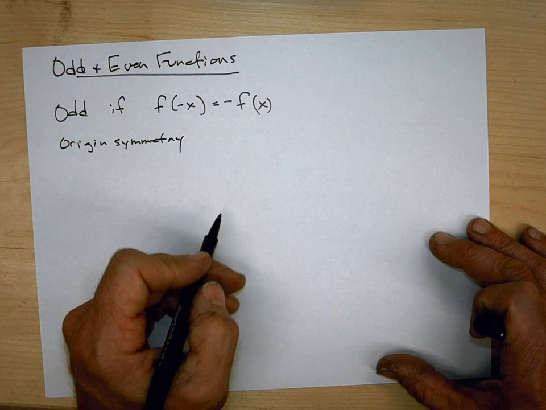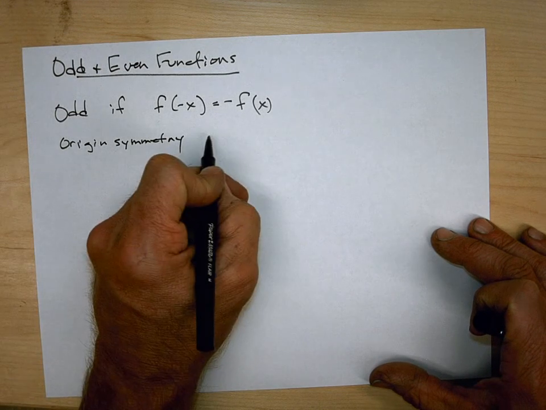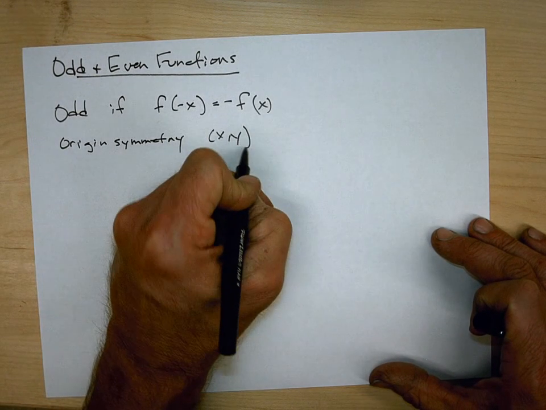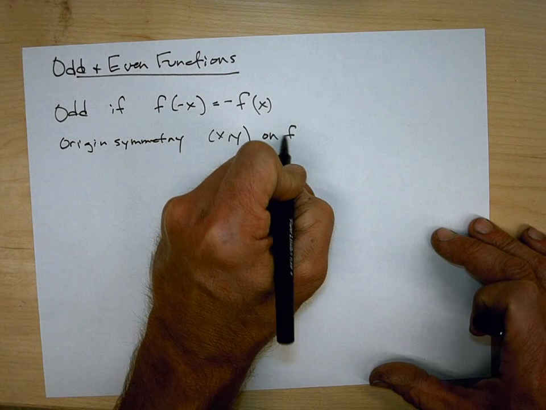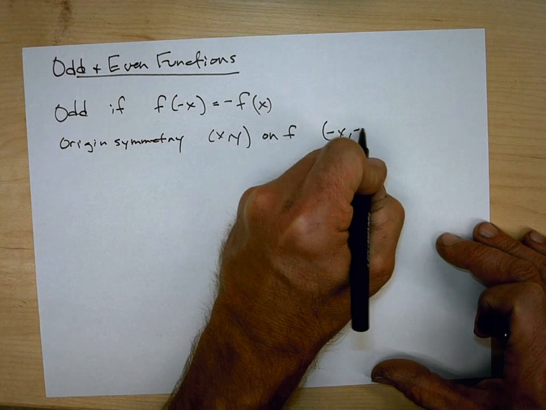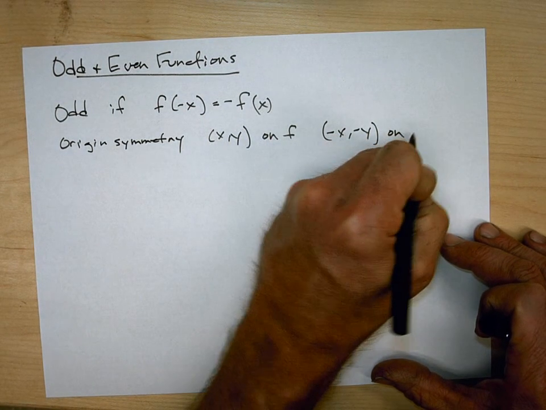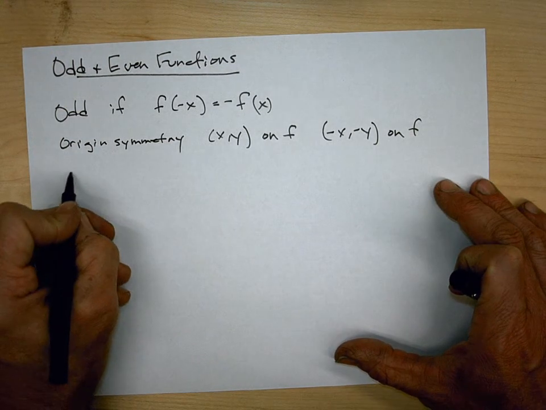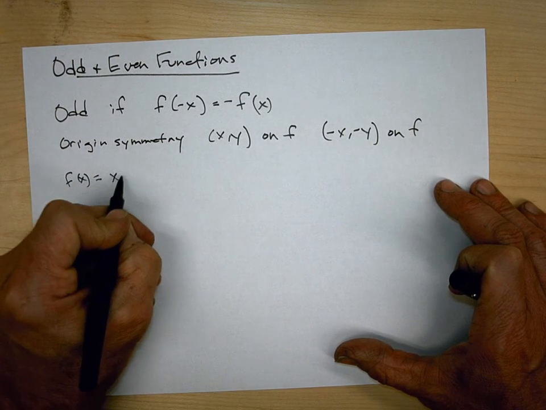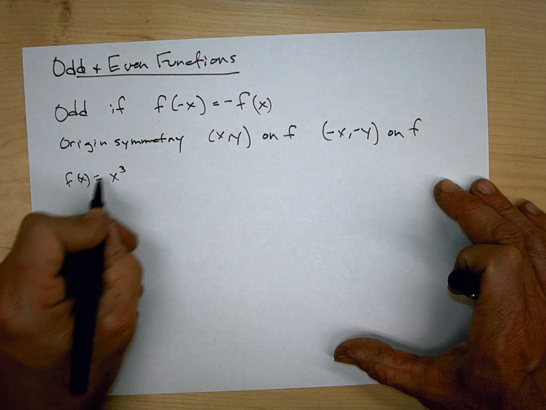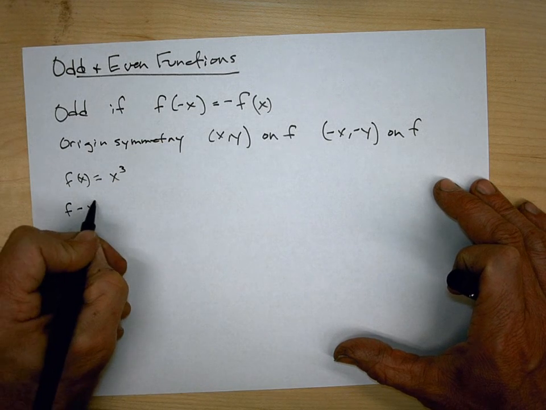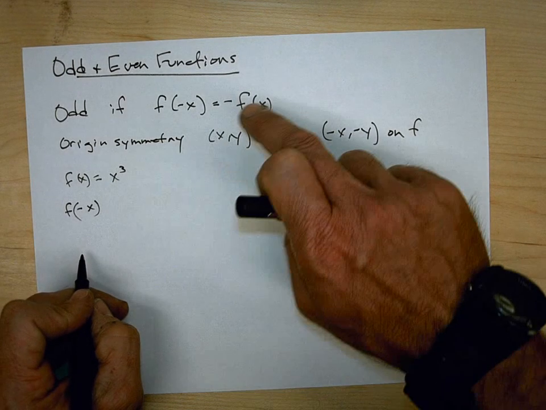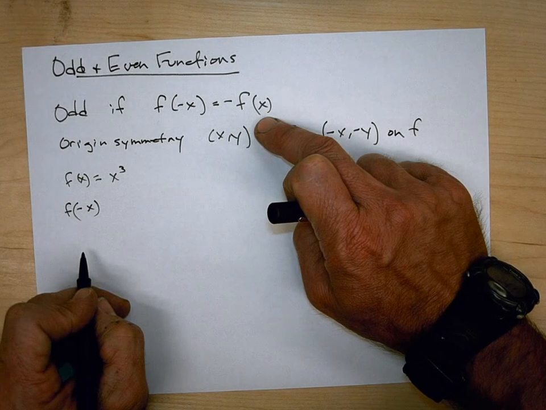So in terms of symmetry, we said if xy is on f, then negative x, negative y is on f. An example we've already seen is x cubed. The way we check it is we check for f of negative x. We put in negative x, and let's see if we get negative f of x out. Negative f of x would be negative x cubed, right?